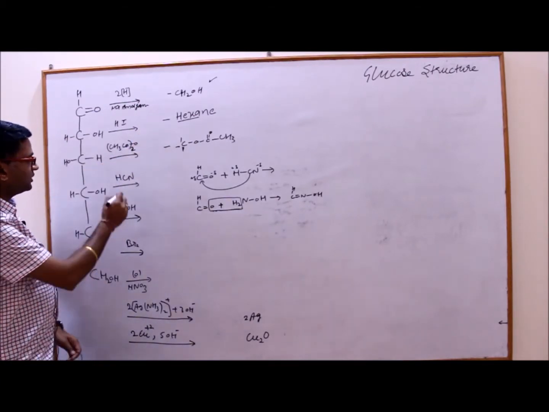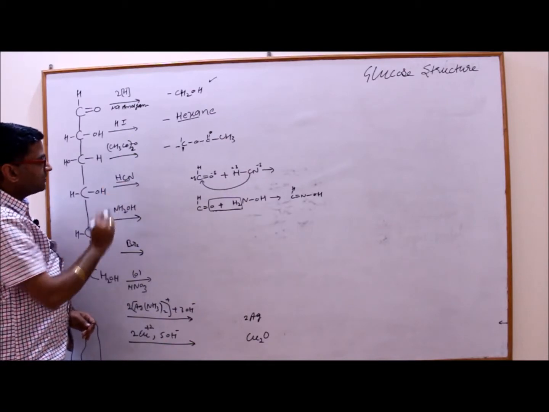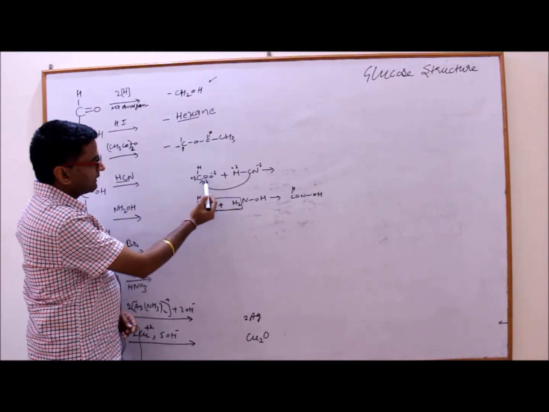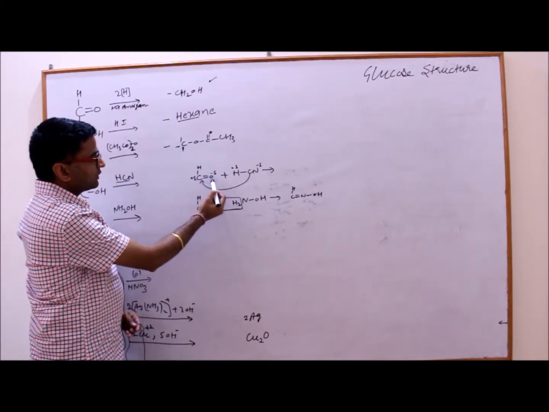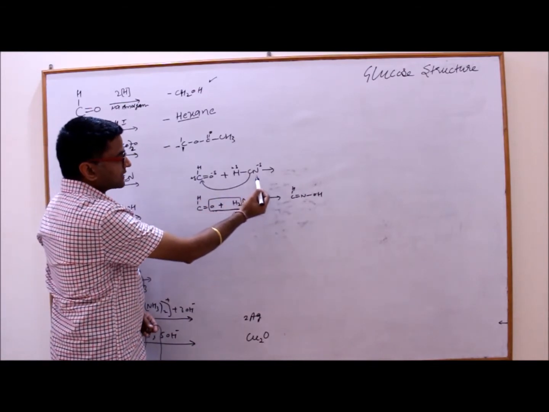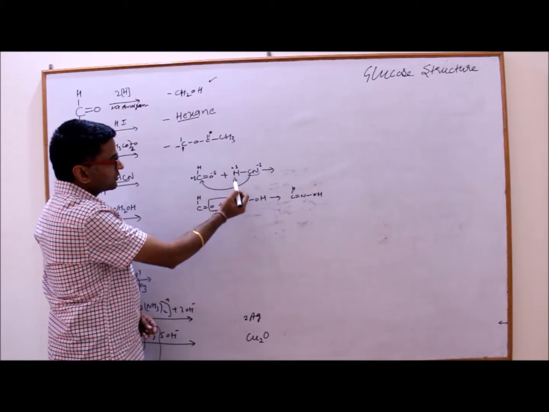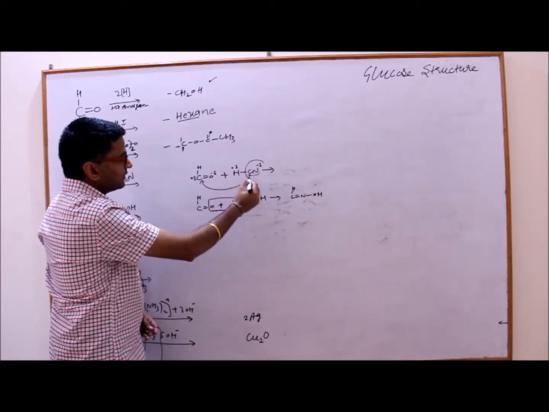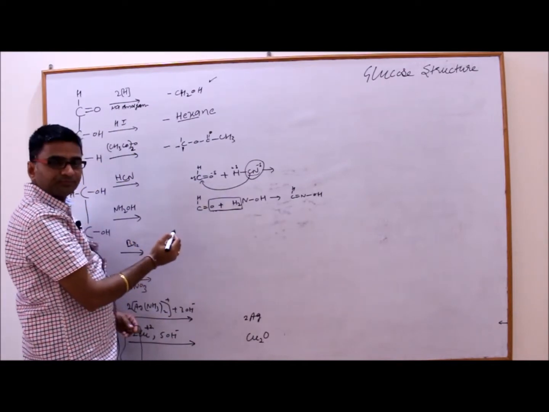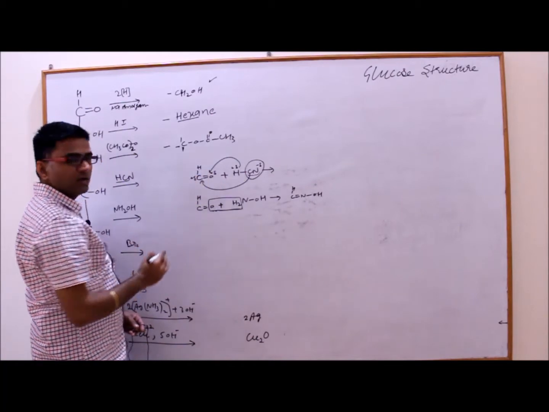And then the next reaction was done with HCN. In the HCN molecule we know that it reacts with aldehyde. So here I have drawn the aldehyde, C double bond O. O is electronegative, so it has some partial negative charge, and carbon has partial positive charge. In HCN, cyanide has partial negative charge and hydrogen has partial positive charge. So the negatively charged moiety reacts with the positive charge here, and then the positive charge goes to the oxygen.